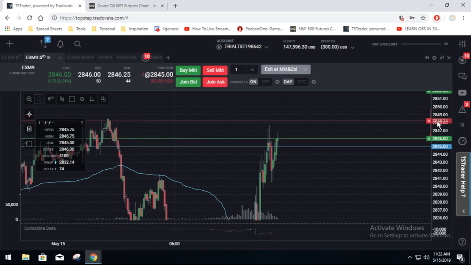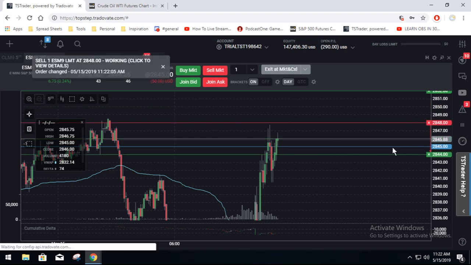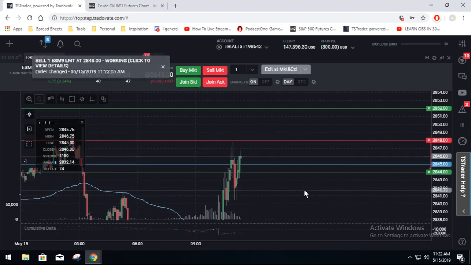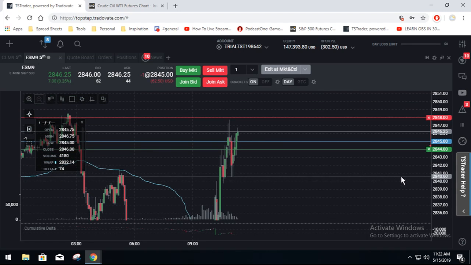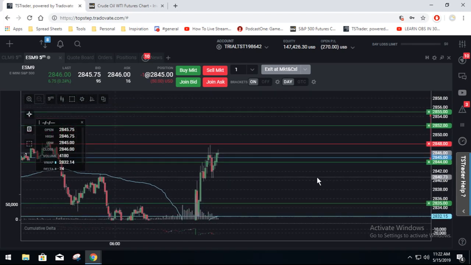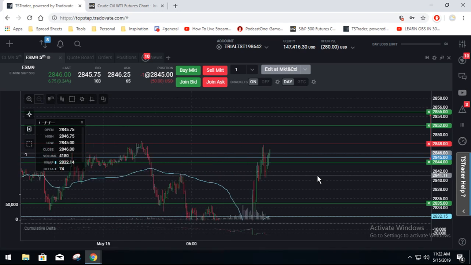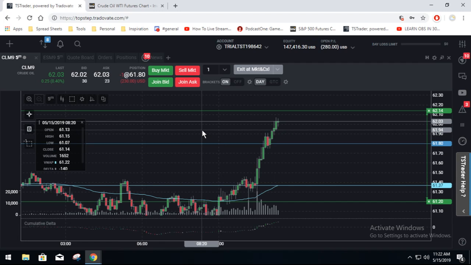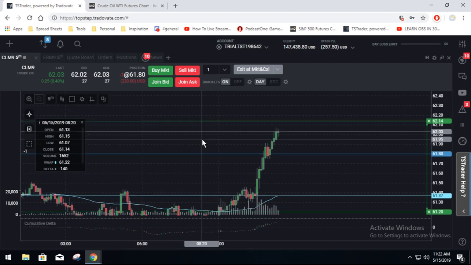So we'll look back, trade very tight on this range, looking for the test of the highs. May enter one contract at 62s on London close.